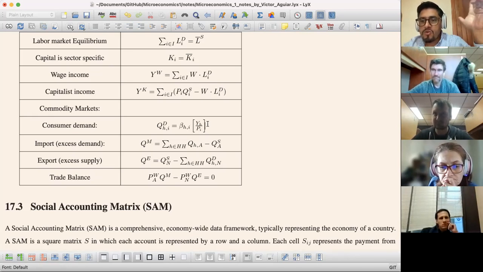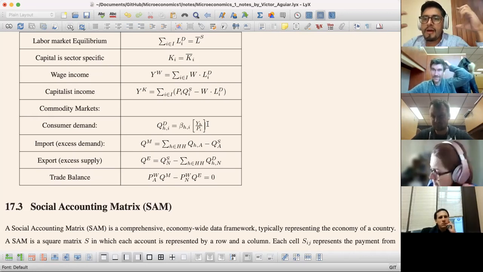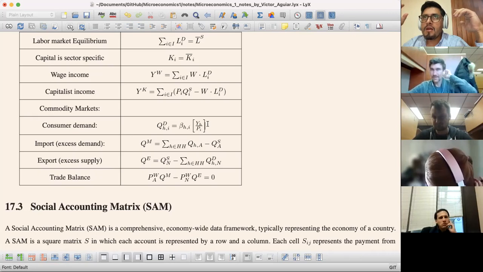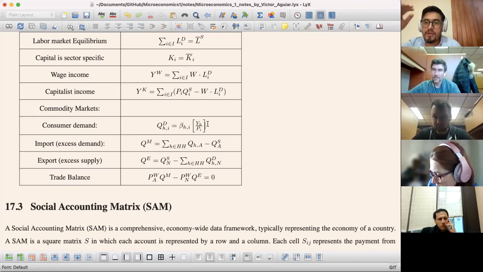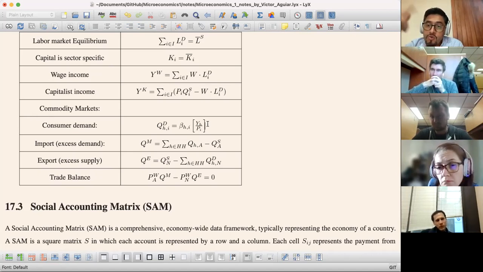Not really, right? So what they do usually, which is a sub-form of testing, is what they call matching untargeted moments. When you do a calibration, sometimes you leave certain outcomes of the sum untargeted. So you don't calibrate the parameters with respect to those entries. And then once you solve the model, you compare it with the untargeted entries of the sum.